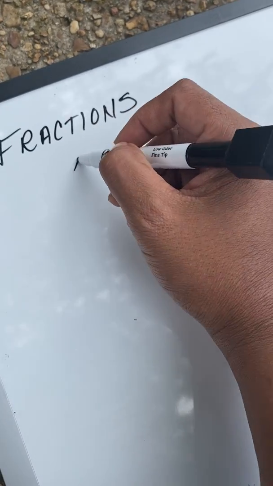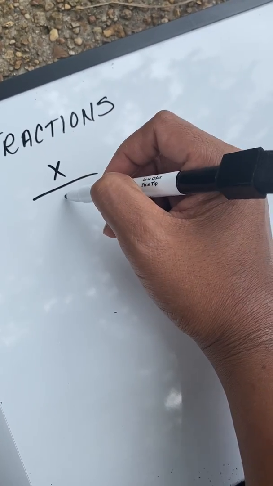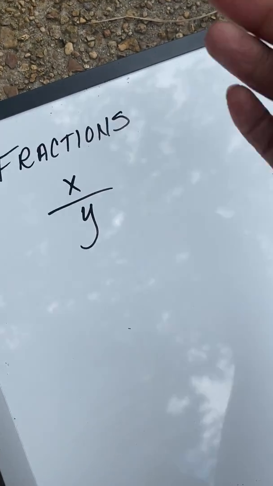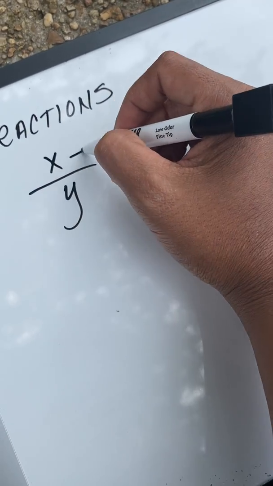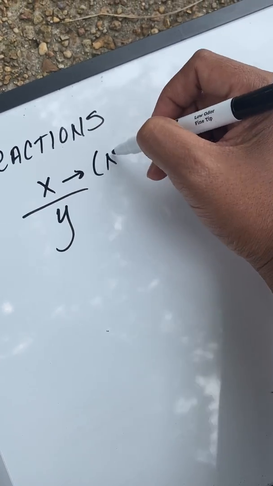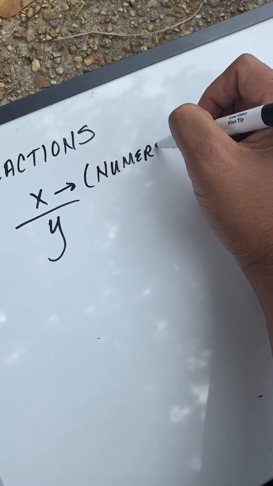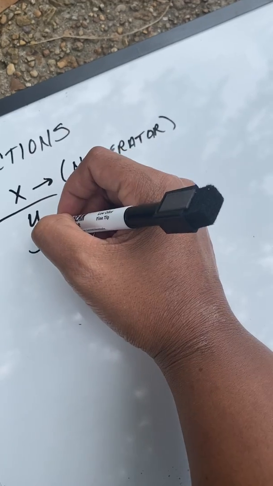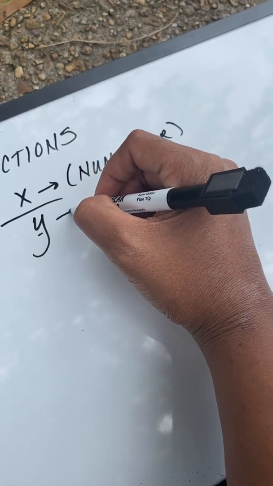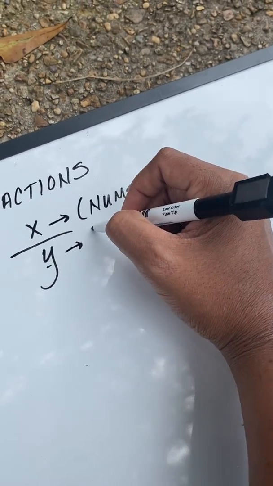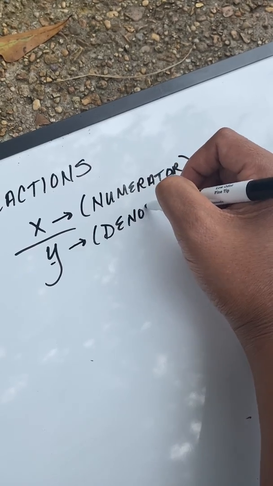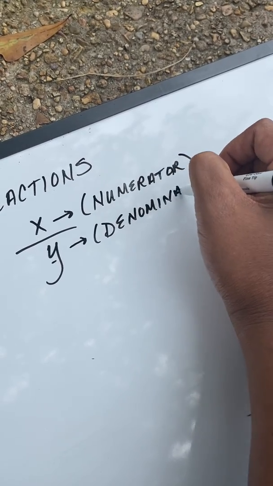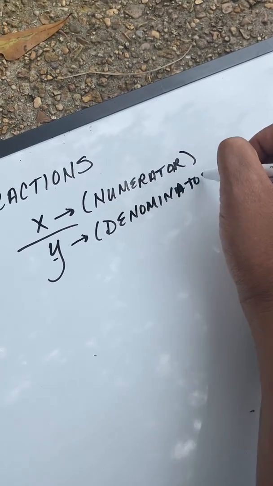Say I have a number here and I have one here. This is just an example. The number up top is my numerator. The number below here, in this case, it's a y, this is my denominator, and it's always going to be like this when dealing with fractions.